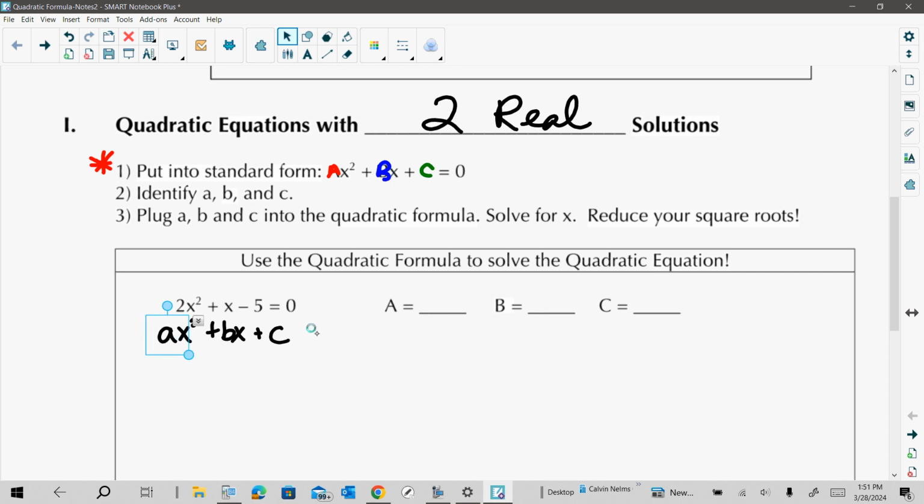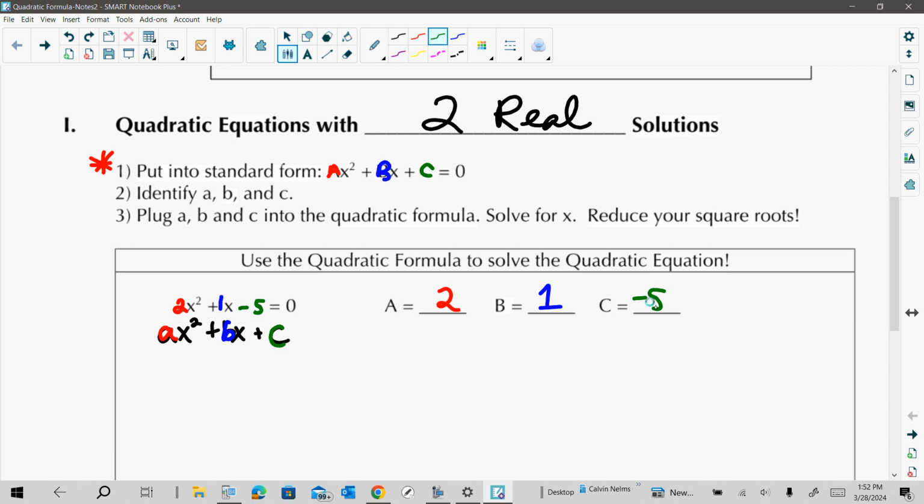We're just lining up our parts here, and we want the value of each one. Since the a is what's in front of the x squared, our a is going to equal 2. Our b is the coefficient for the x. Well, there's an invisible 1 there, so our b equals 1. And our c is our constant, and because we have minus 5, it's going to equal negative 5.